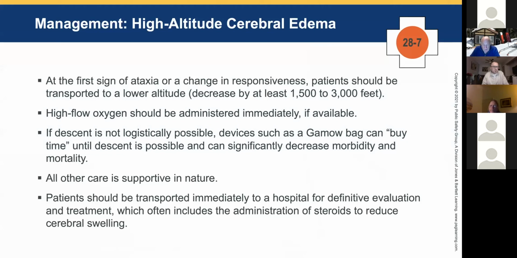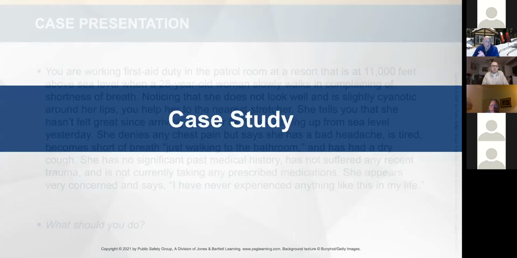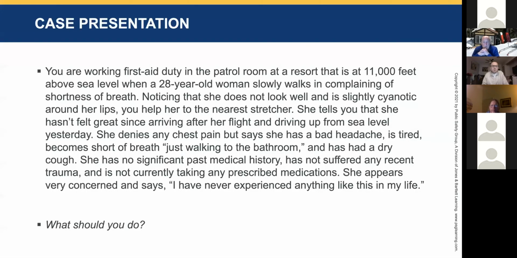We've got a case study right here. You're working at first aid duty in the patrol room at a resort that's at 11,000 feet above sea level. A 28-year-old woman slowly walks in complaining of shortness of breath, noting that she doesn't look well. She's slightly cyanotic around her lips. You help her to the nearest stretcher. She tells you she hasn't felt great since arriving after her flight, driving up from sea level yesterday.